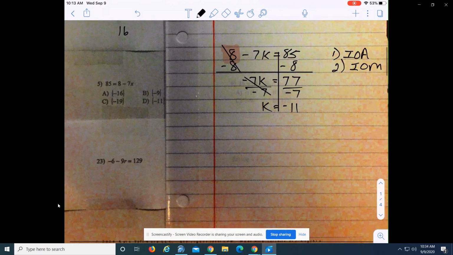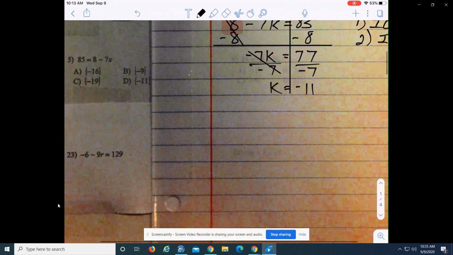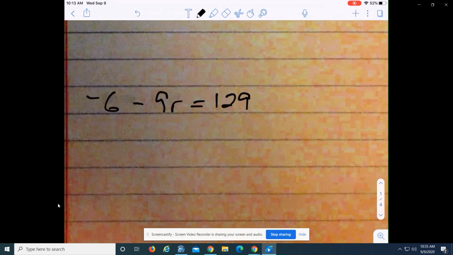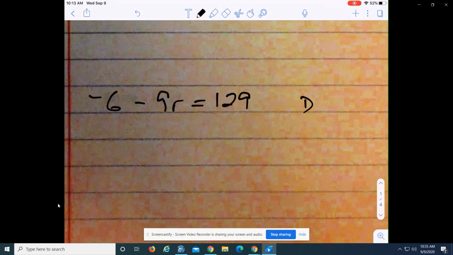The last problem I'm going to show you says negative 6 minus 9r equals 129. And so this time, my first step is going to be to do the inverse of subtraction. I want to get rid of this number first.